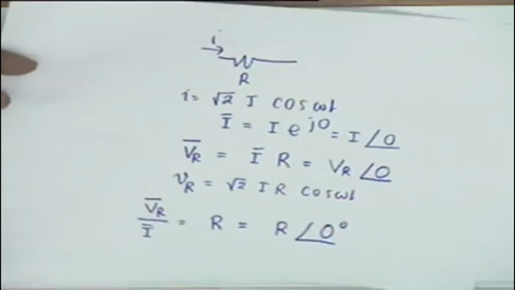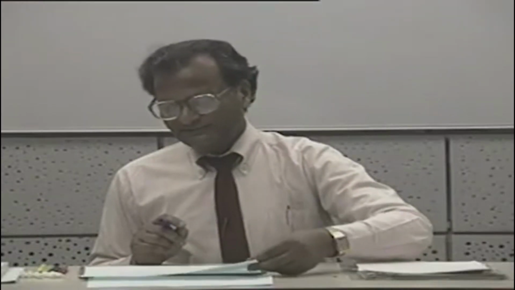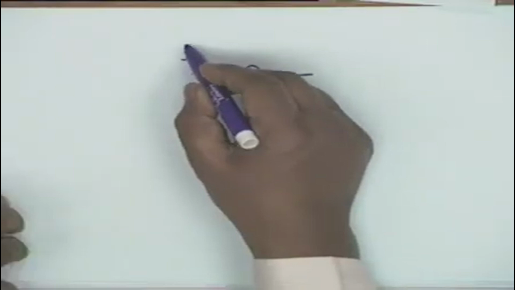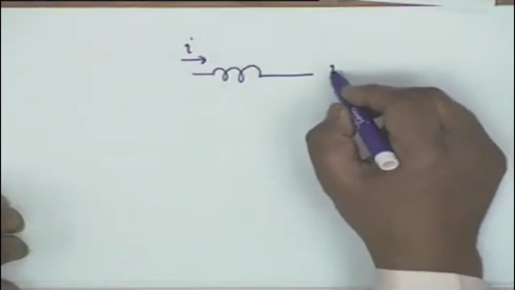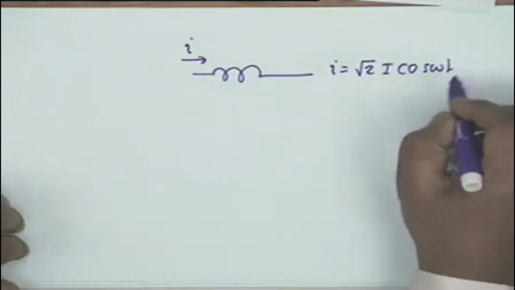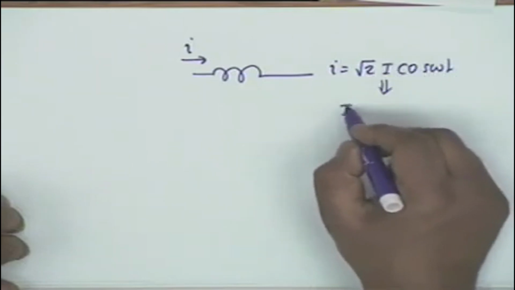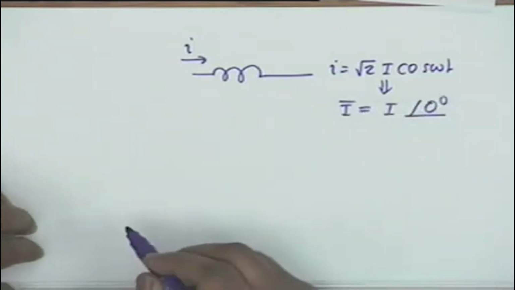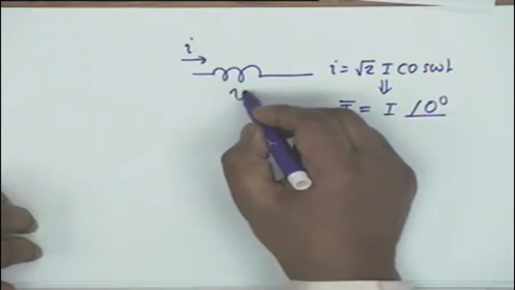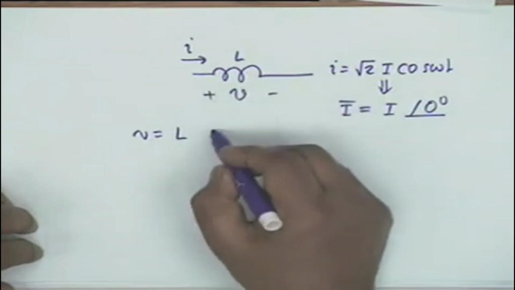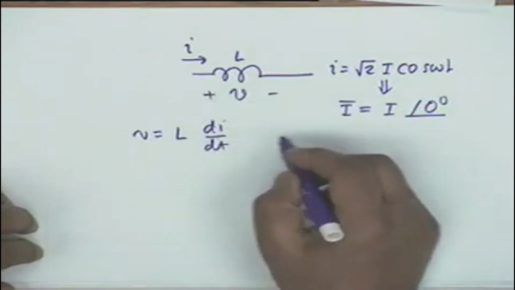Now this is a trivial case. If we take an inductance and cause the same current I to flow, that is i equal to root 2 I cosine of omega t, which corresponds to the phasor I equal to I angle 0 degrees, then the actual voltage across this is given by L di/dt.